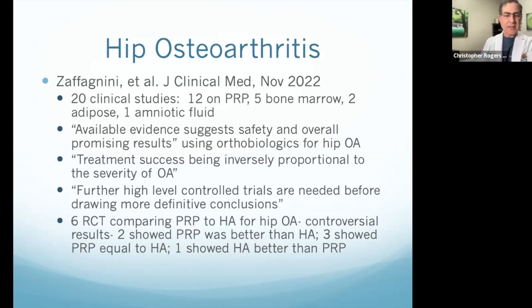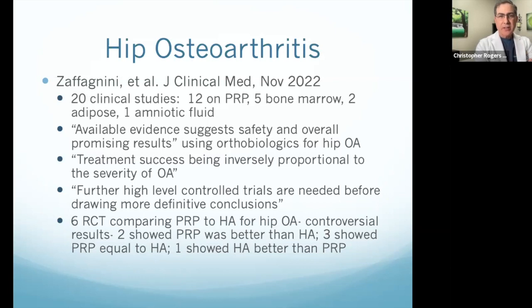I think, sorry to interrupt, Dr. Evangelista, but one of the things that we see commonly in the PRP literature is that not all PRP is created equal. And I don't think the average person realizes that there are more than 60 different systems for making PRP.